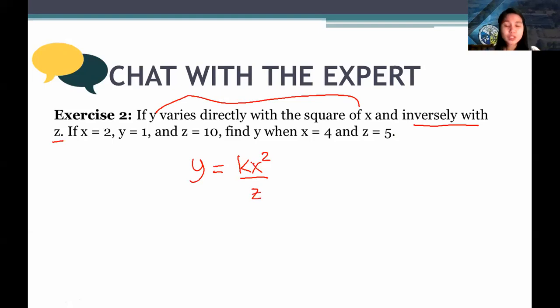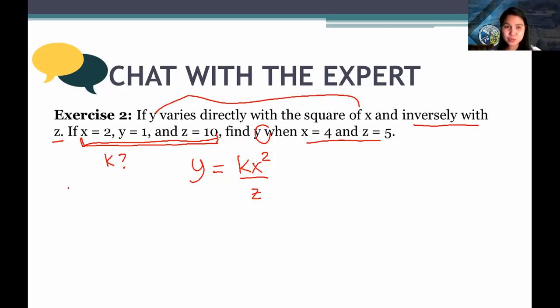Now, what are we going to do? If x equals 2, y equals 1, and z equals 10, find y when x equals 4 and z equals 5. You check the first given. In the first set, k is missing. So let's first solve for the constant of variation k.